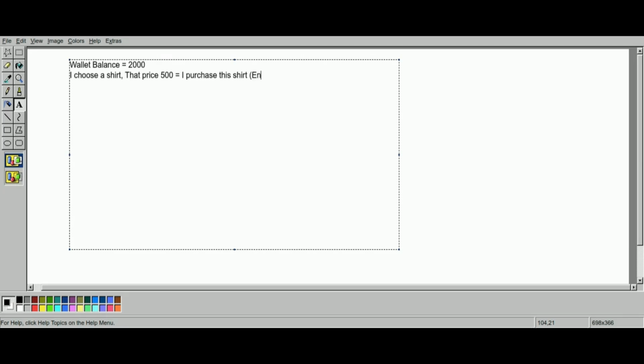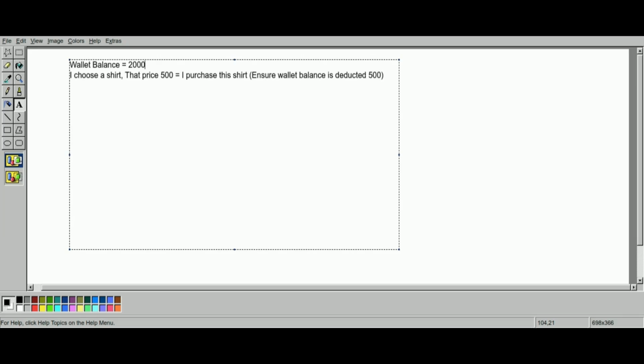After that, ensure the wallet balance is deducted 500.